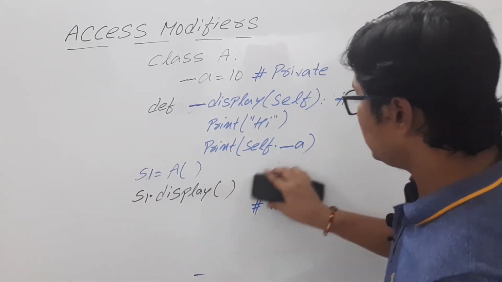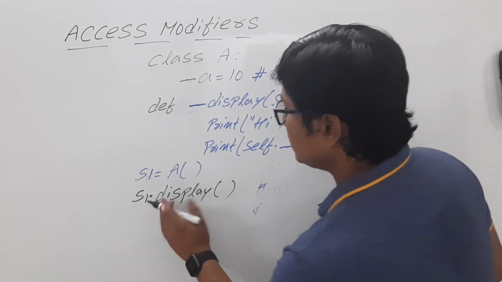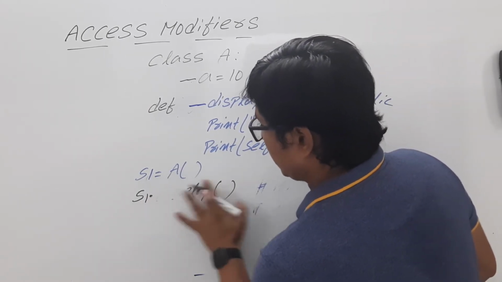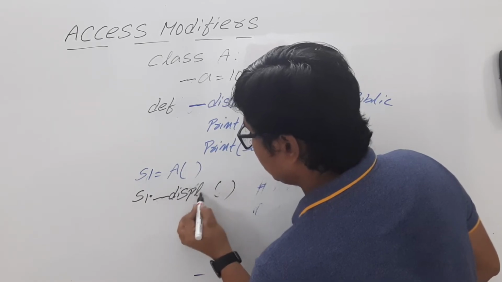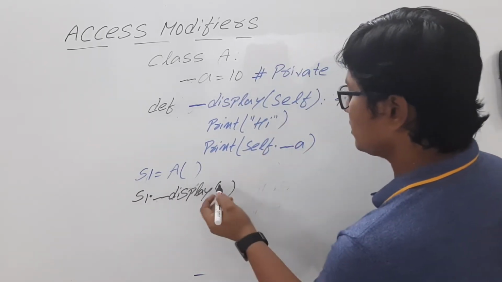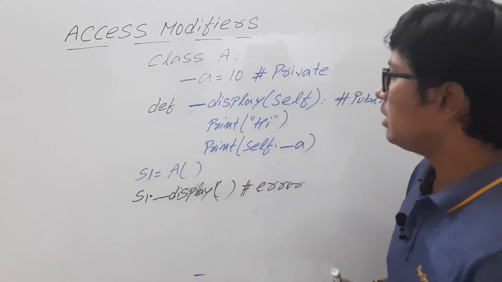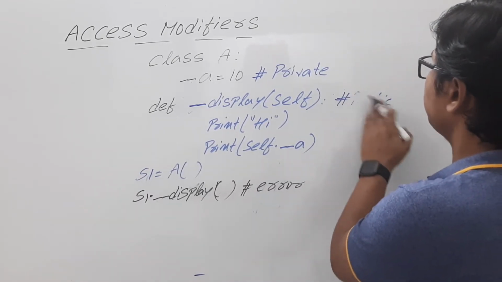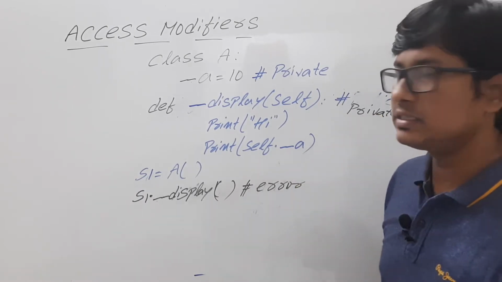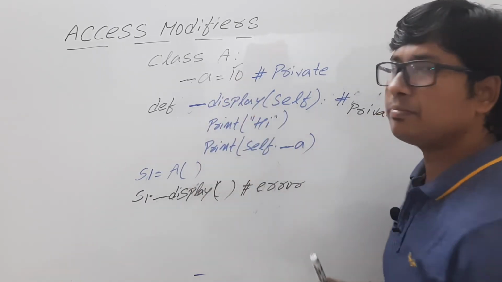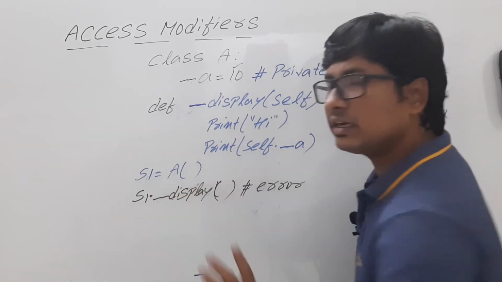Now if I write this statement, s1 dot double underscore display, it will give an error because this method becomes a private method. So we know that private members such as private variables and private methods can be accessed inside a class, not outside the class.